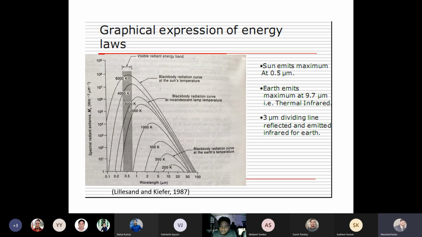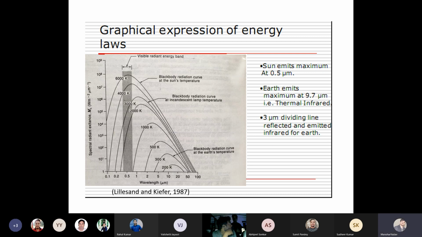If you look at the radiated energy component from the Earth's surface, it starts somewhere from 3 micrometer, as seen on the 300-degree Kelvin curve. As we discussed before, M is equal to sigma T to the power 4.